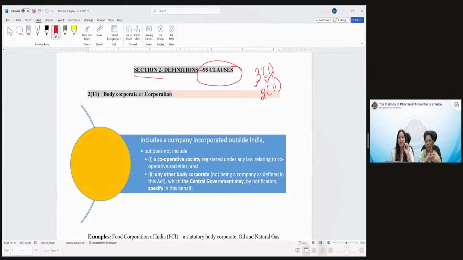It is a kind of exception. In many of the Acts, you will see that in the definitional sections, the subsection is always known as clause. It is always said clause.